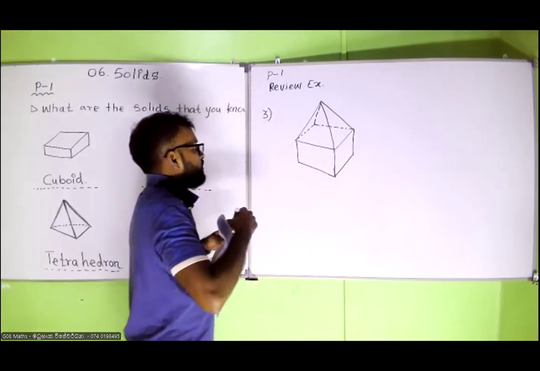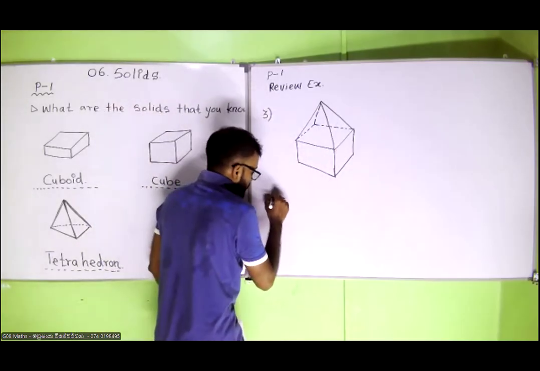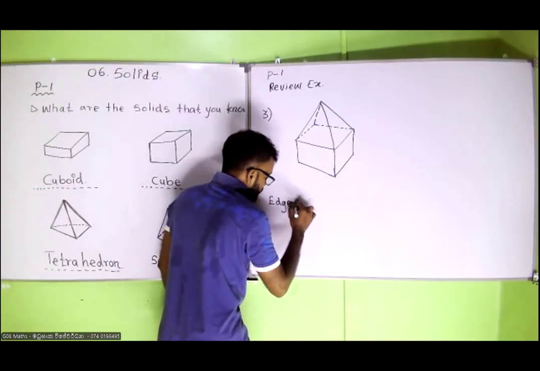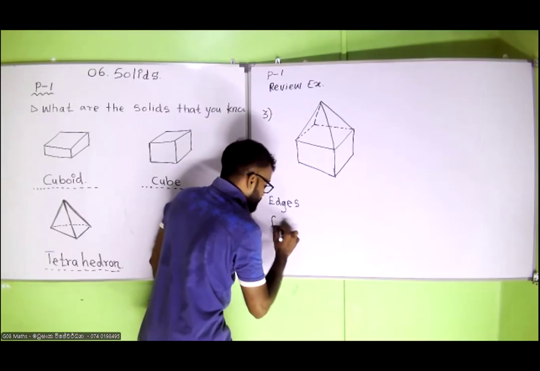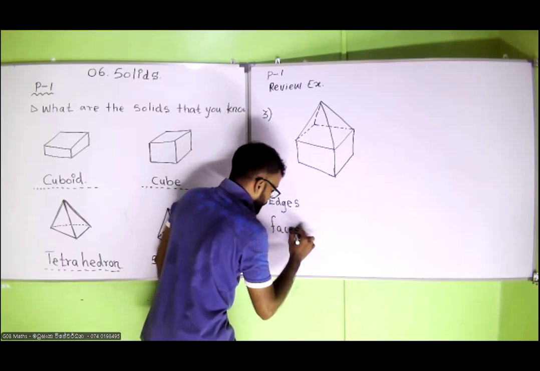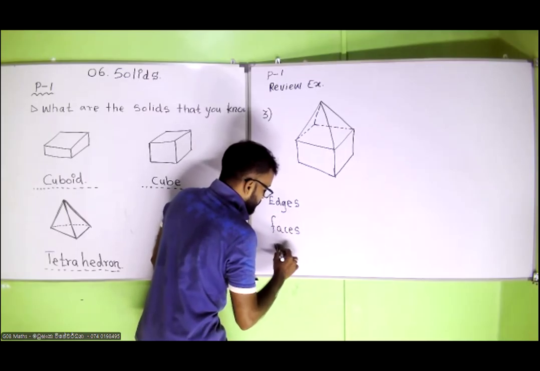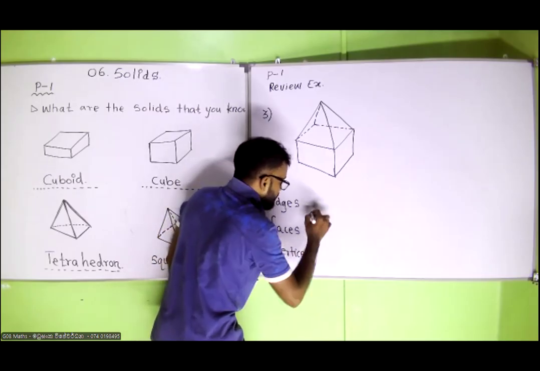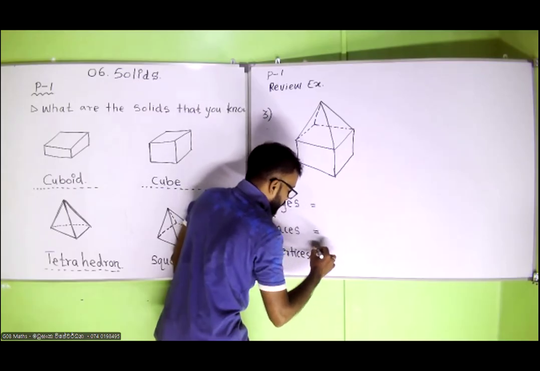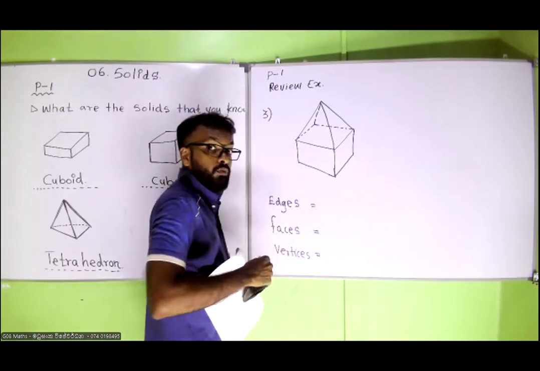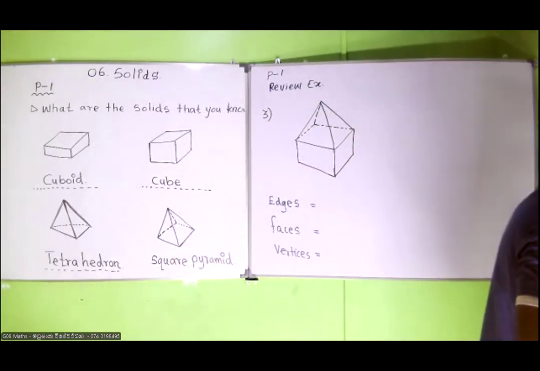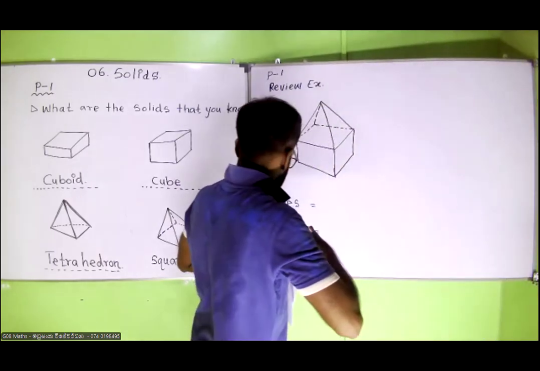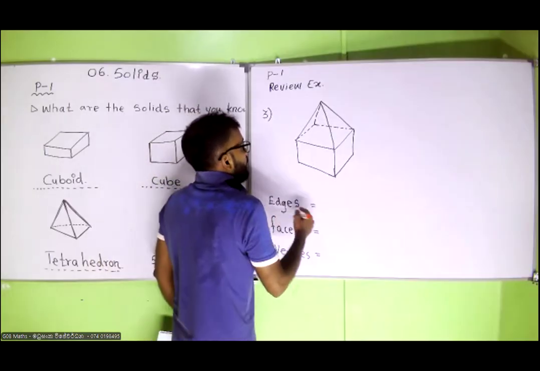Right. Okay. So now I am going to find the number of edges, the number of faces, and number of vertices. First of all, I will take a different color so that you can understand. Number of edges.